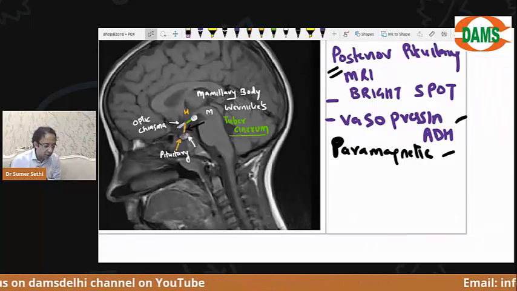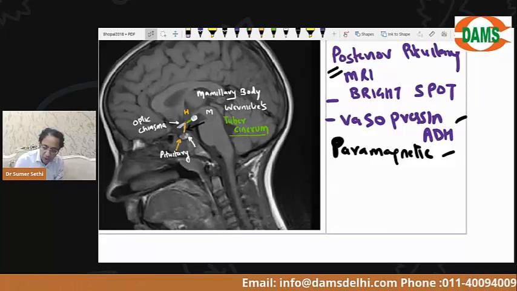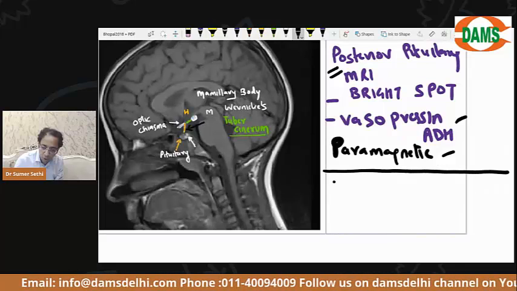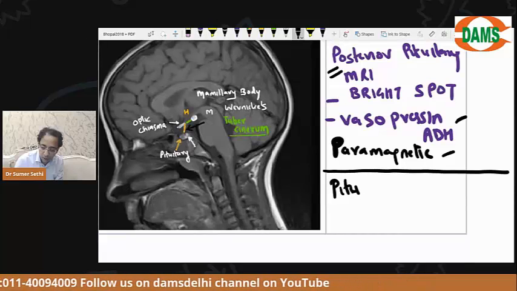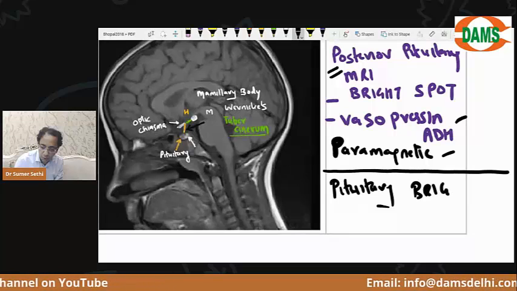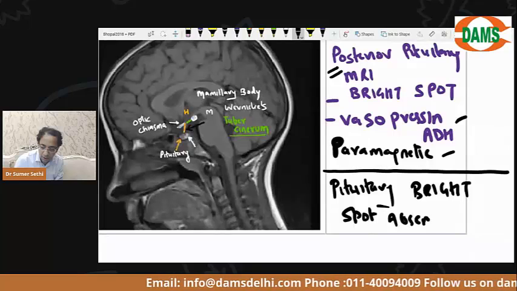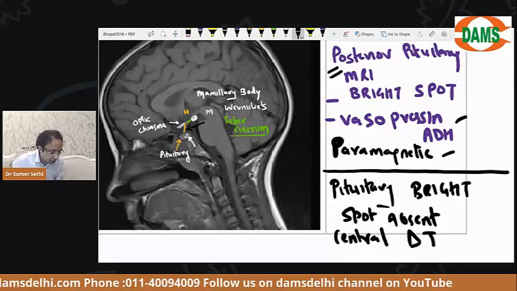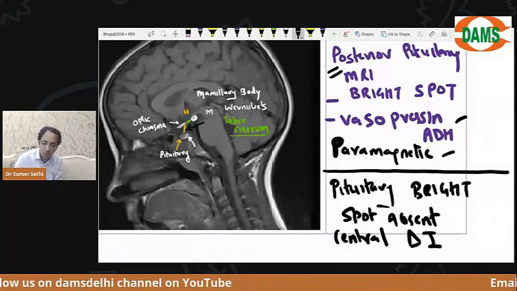In which condition do you think the pituitary bright spot will be absent? The answer is central diabetes insipidus. Central diabetes insipidus will have absence of this pituitary bright spot.